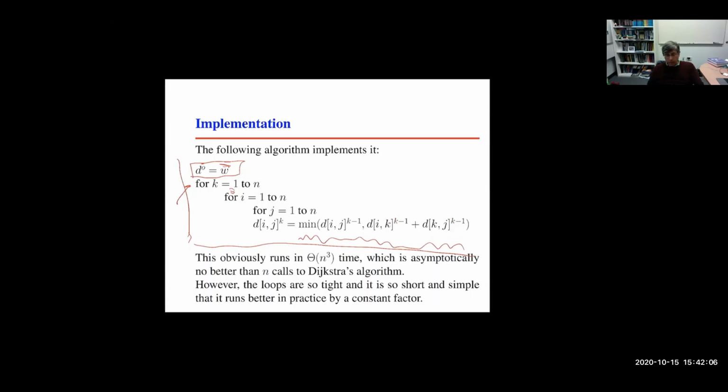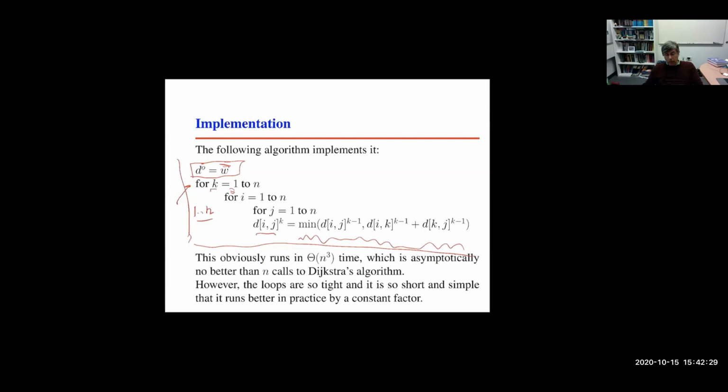Generally speaking, we're allowing k as our intermediate vertex. Now we want to know, for every pair of vertices i, j, what is the length of the shortest path from i to j, using vertices 1 through k as intermediaries.